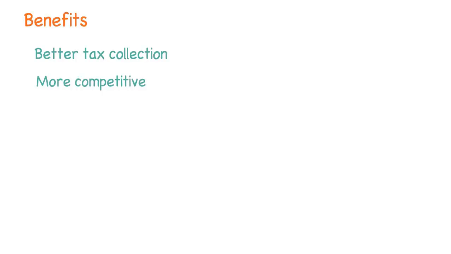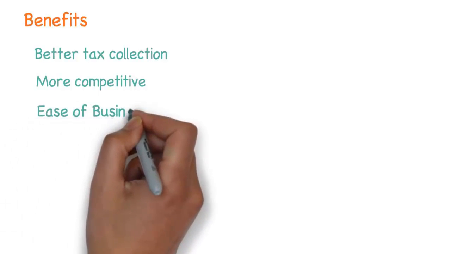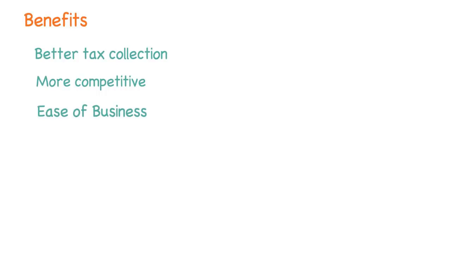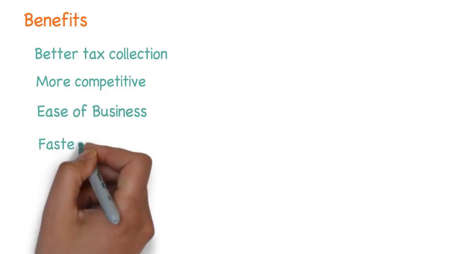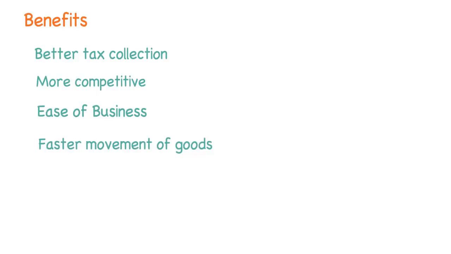Currently, if something is partially manufactured in one state and then completed in another state and then sold in a third state, after adding up the taxes to the final price of the goods, it may be cheaper for the third state to import from China. It is also easier for businesses because they only need to deal with one taxman. Goods will move faster across states because we wouldn't need sales tax checkposts across the state borders. Similarly, there are many other benefits.